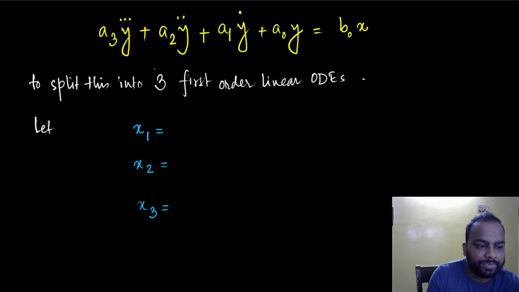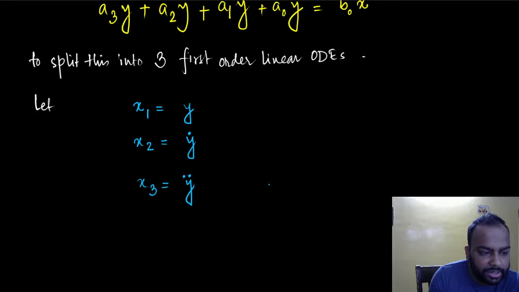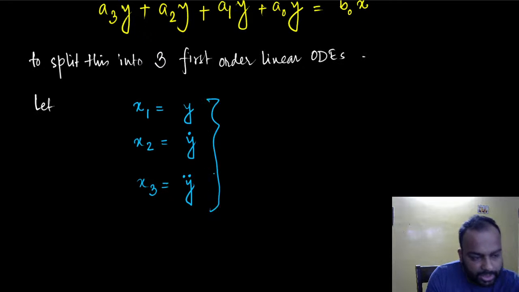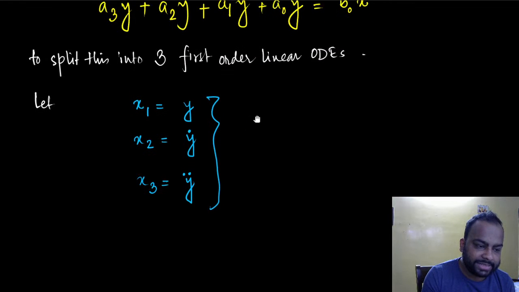Now this is the third order differential equation, right? I am going to assume something like this. Now this might look like an ad hoc assumption, but it will be pretty clear shortly. I am going to assume this to be y, this to be the first derivative of y, this to be the second derivative of y. Let's see what these assumptions actually result in.